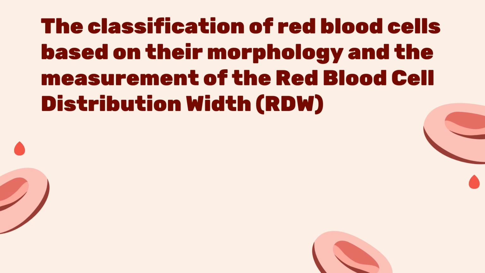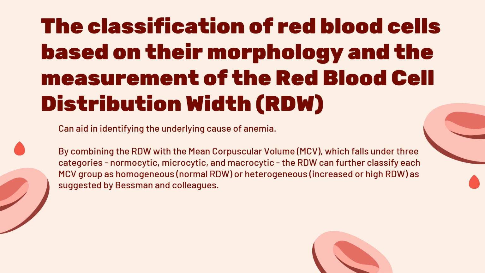Then we have the classification of red blood cells based on their morphology and the measurement of the red blood cell distribution width, RDW, which can aid in identifying the underlying cause of anemia. By combining the RDW with the mean corpuscular volume, MCV, which falls under three categories, normocytic, microcytic, and macrocytic, the RDW can further classify each MCV group as homogeneous, normal RDW, or heterogeneous, increased or high RDW, as suggested by Bessman and colleagues.